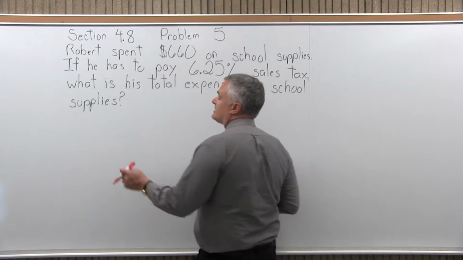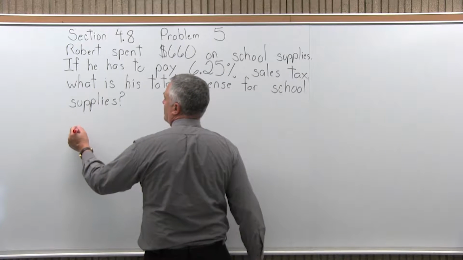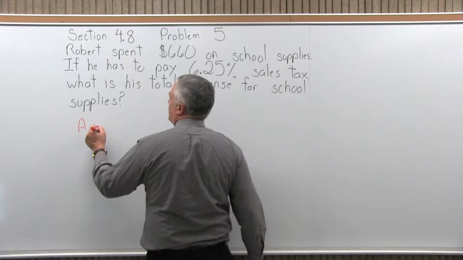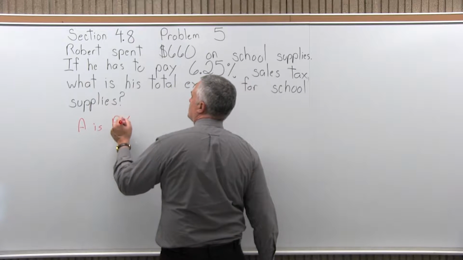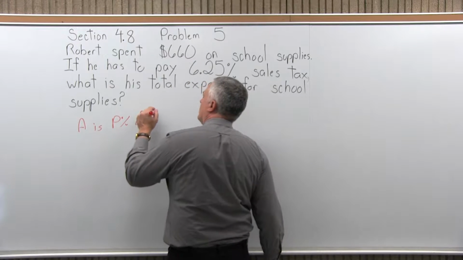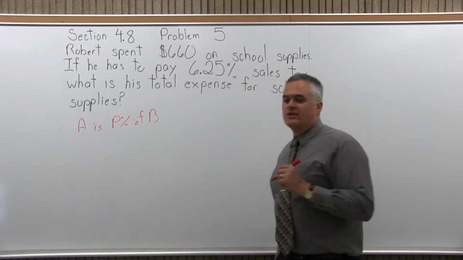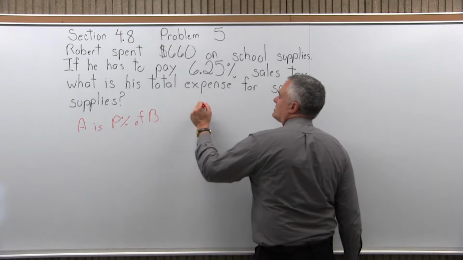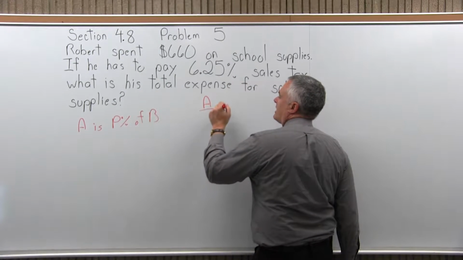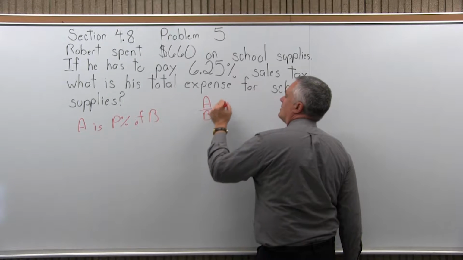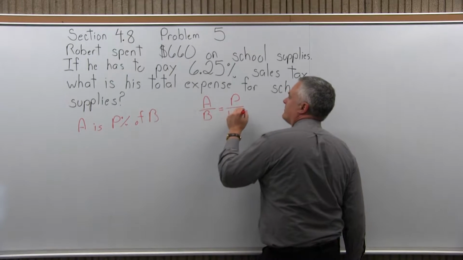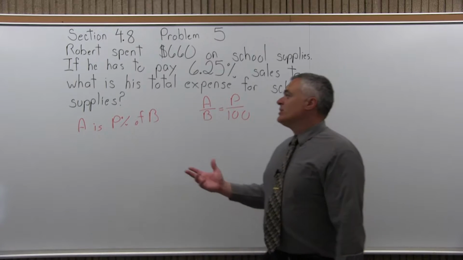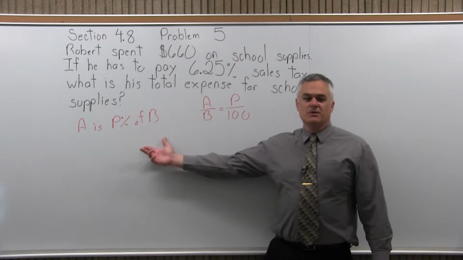Because it's a percent problem, I want to write it in the form A is P percent of B. And if I can boil the question down to that format, then I get to use the formula A over B equals P over 100. Can I boil this question down to A is P percent of B?